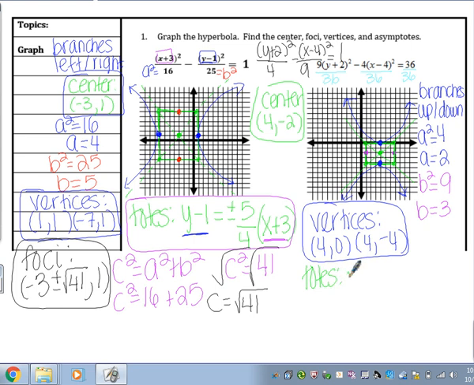So you have y plus 2 equals plus or minus, and what am I doing here? A over b, so 2 over 3, and then in parentheses, x minus 4. Again, make sure you check, because these are linear, you do not want to bring your squares into this.